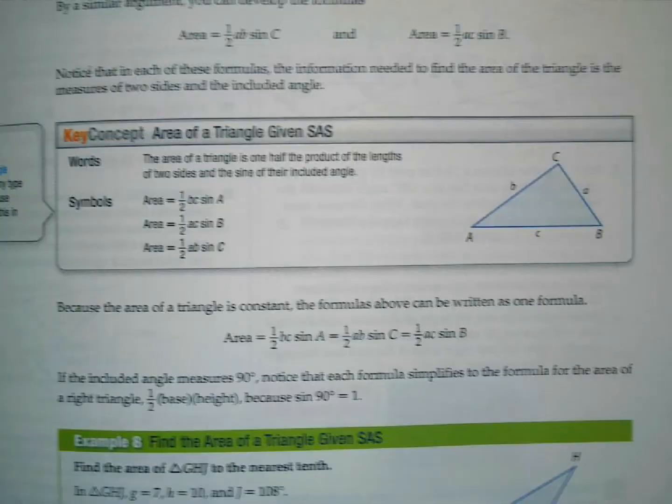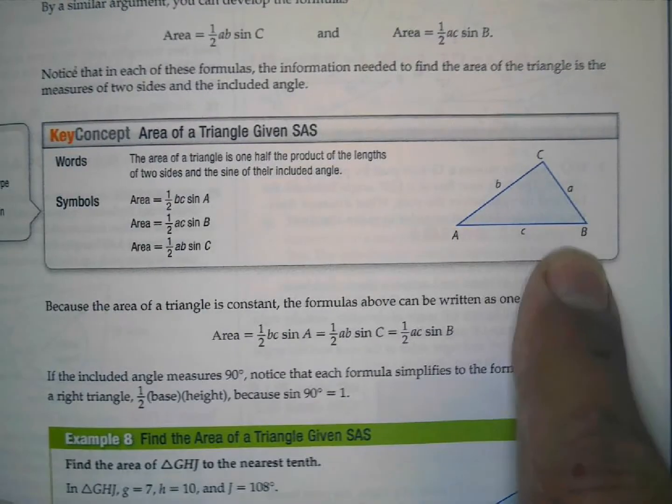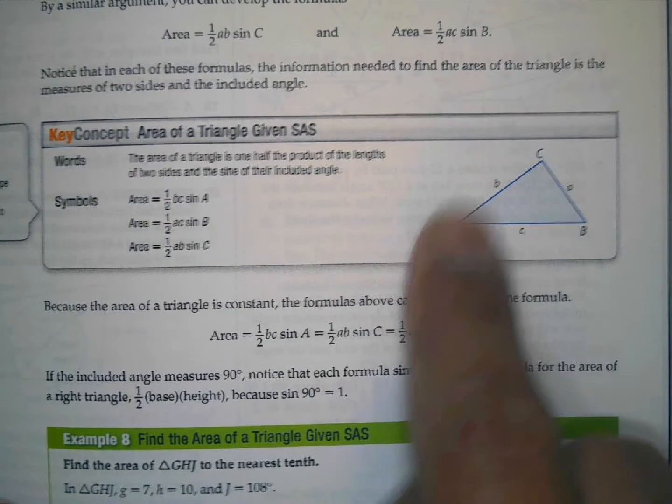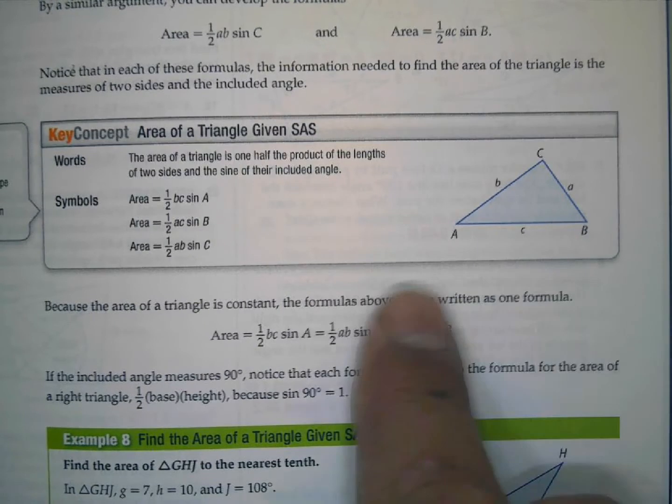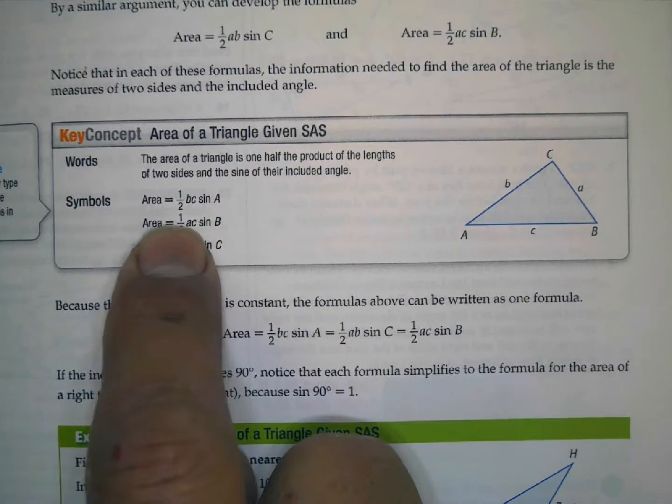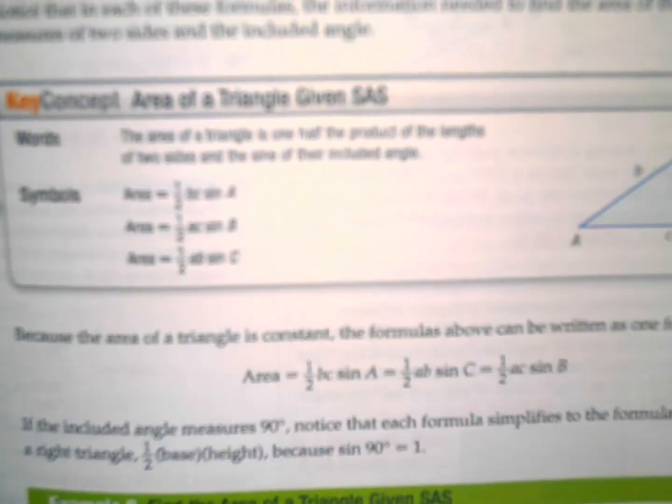So for that reason, let's take a look at the formula here. Again, the vertices are the angles, the capital letters, and the lowercase letters are the sides. And why are there three formulas? Well, because it depends on which angle it is.